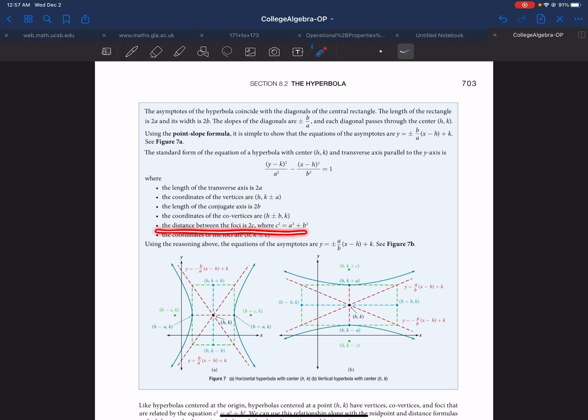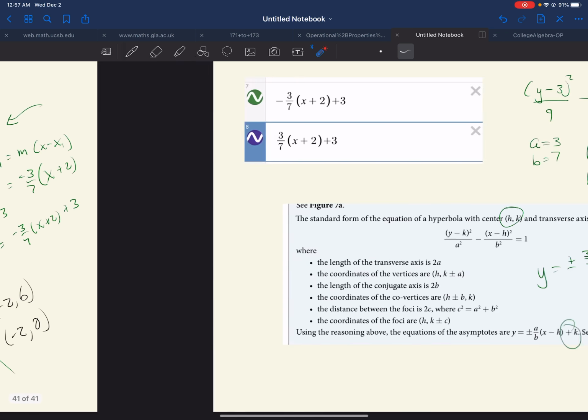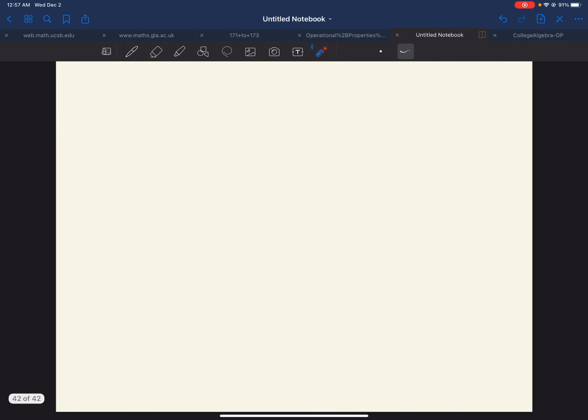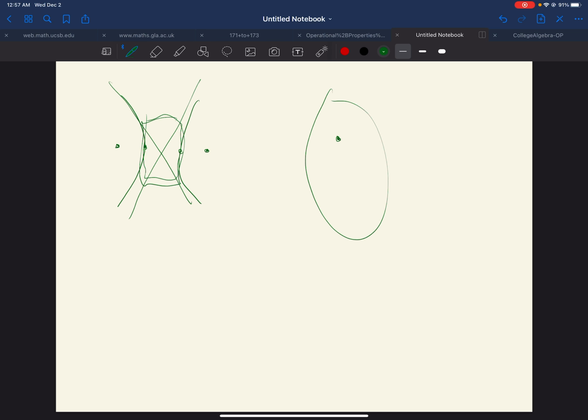Now the distance between the foci, so here's something that I haven't talked about yet, is foci, and foci look like this. So if you have a sideways opening parabola, these are vertices. You'd have a box somewhere in there, and you'd have your asymptotes there. The foci sit outside of this box, whereas for an ellipse, the foci are inside.